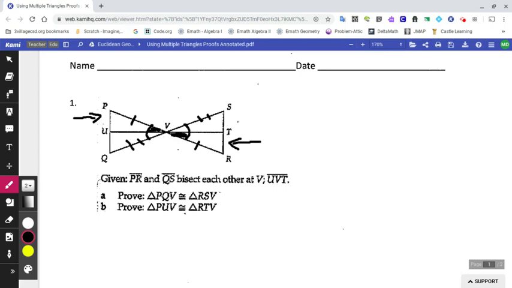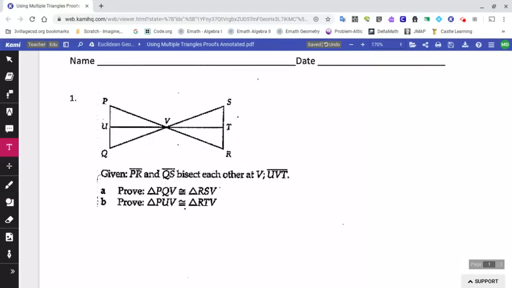Those are vertical angles, but I really don't have any other parts of those two smaller triangles for part B. But if I look back at the bigger triangles, I can say that angle R is congruent to angle P by CPCTC. So I'm using the parts from the bigger triangle to prove the two smaller triangles. That's how this one is going to go.